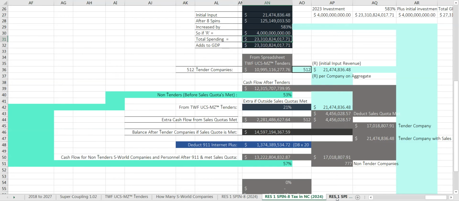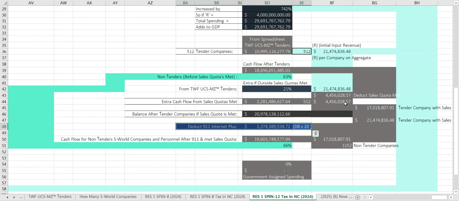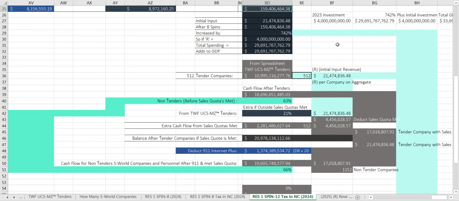And then we're going to go to another scenario, exactly the same thing, but in this case we've changed the spin from 8 to 12, and you can see that brings us up to 29 billion, created from only 4 billion. And the thing is, this is GDP, because this is what's being spent.